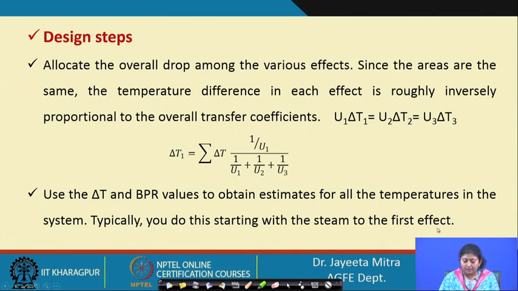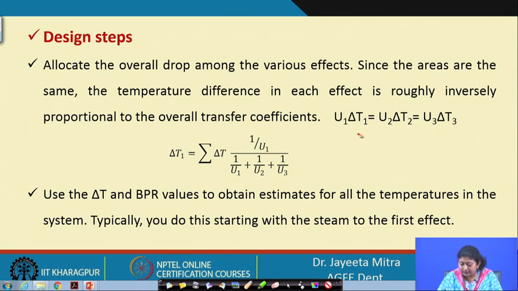If you think about how we can derive this, if we identify the total effect, that is because an equal amount of heat transfer is taking place in all the effects.